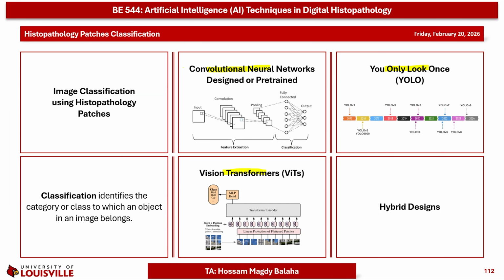YOLO, or You Only Look Once, a technique originally developed for localization, but later enhanced to apply classification. Hybrid designs, which combine CNN feature extractors with transformer encoders to utilize both local and global context. And we are going to cover all of those in this course.